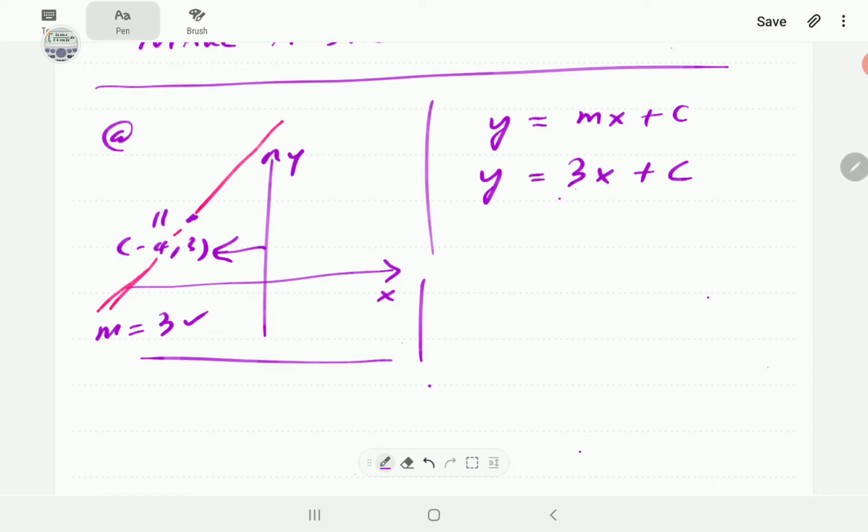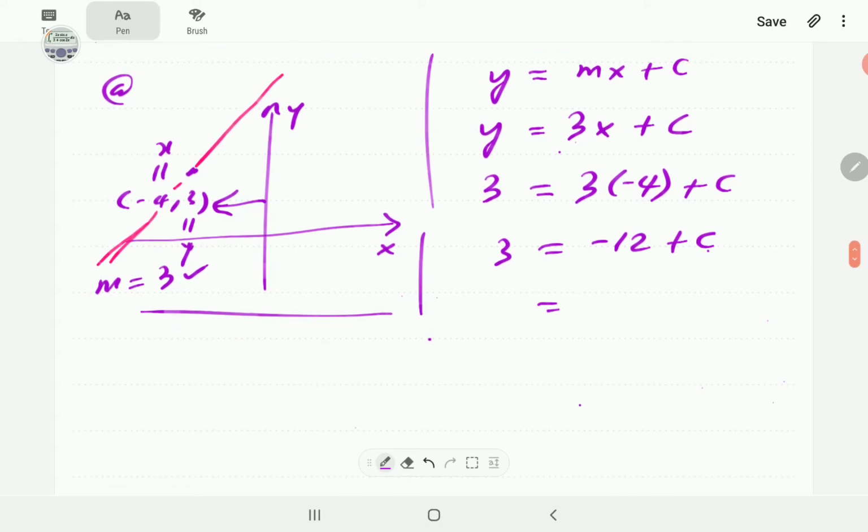So this is saying when x is minus 4, y is 3. So we're going to take that information, plug it in here, and then that's going to tell us what c is. So in place of y, we're going to plug in 3. In place of x, we are going to plug in negative 4. So it's going to be 3 times negative 4 plus c. So we've got 3 is equal to minus 12 plus c.